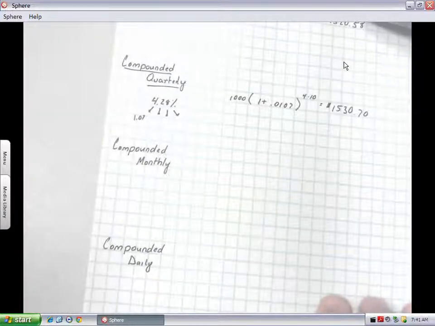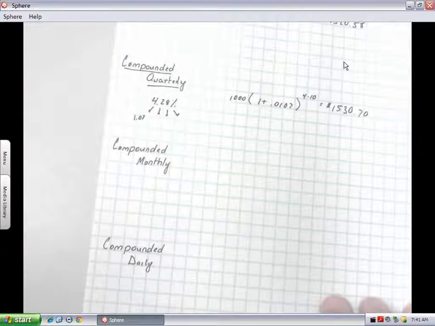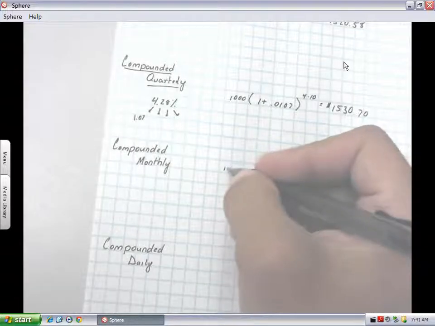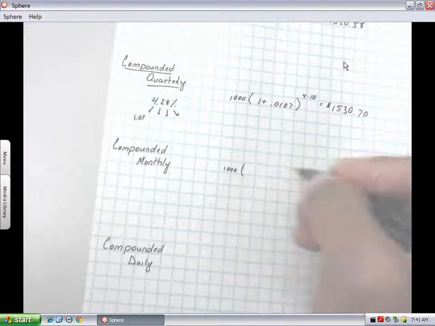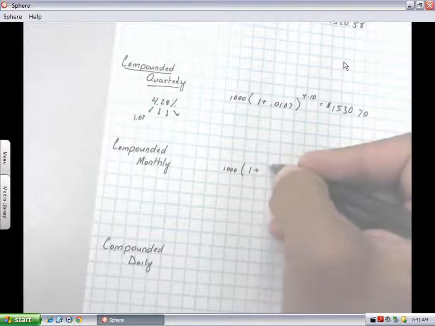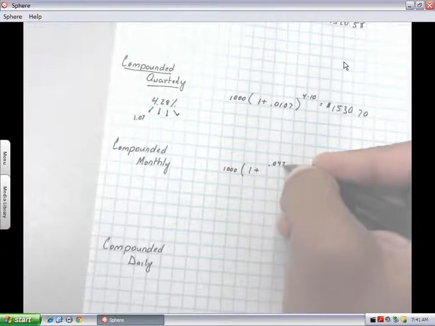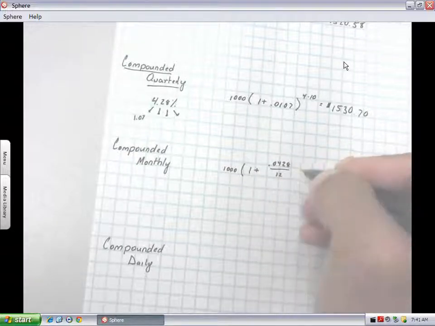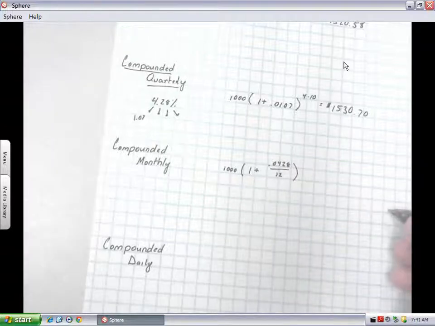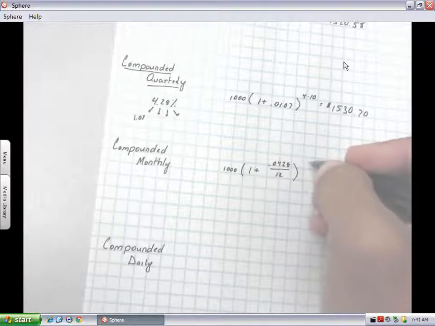Compounded monthly. So now, instead of cutting the 4.28% into 4 pieces, I'm cutting it into 12 pieces. That's a little tougher to do in my head, so I'm going to actually use the formula, 0.0428 over 12. So I'm cutting that percentage rate into 12 equal pieces. Now my exponent is going to be 10 years, but 12 times each year.